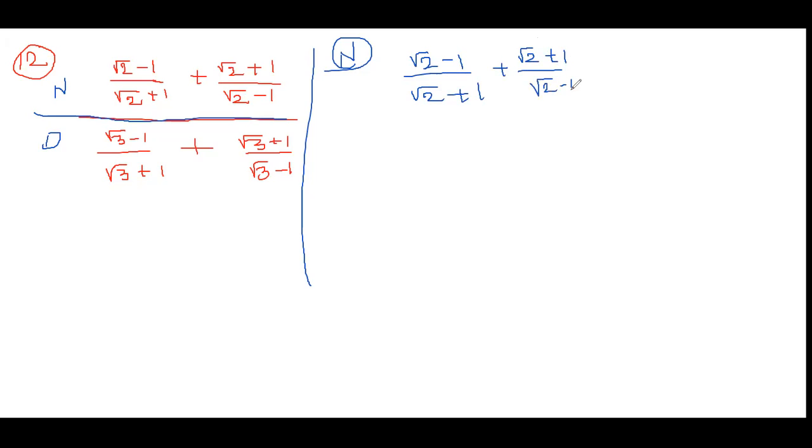Yes, is equal to, for this, what is the LCM? Root 2 plus 1 into root 2 minus 1. Here (root 2 minus 1) whole square and here plus (root 2 plus 1) whole square.